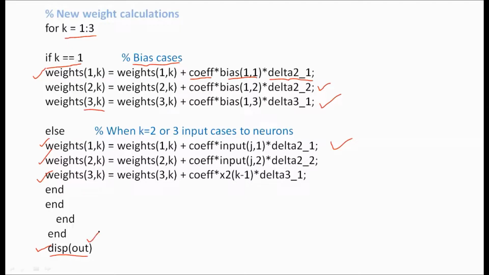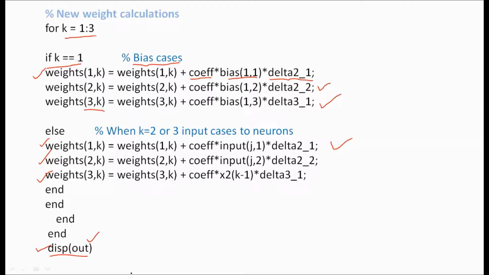So whatever output we get after this training of the neural network will be displayed here. We can check the weights also. We can type here weight 1 1, weight 2 1, like that. So the values of these weights can also be displayed. Updated values of weight we can observe.